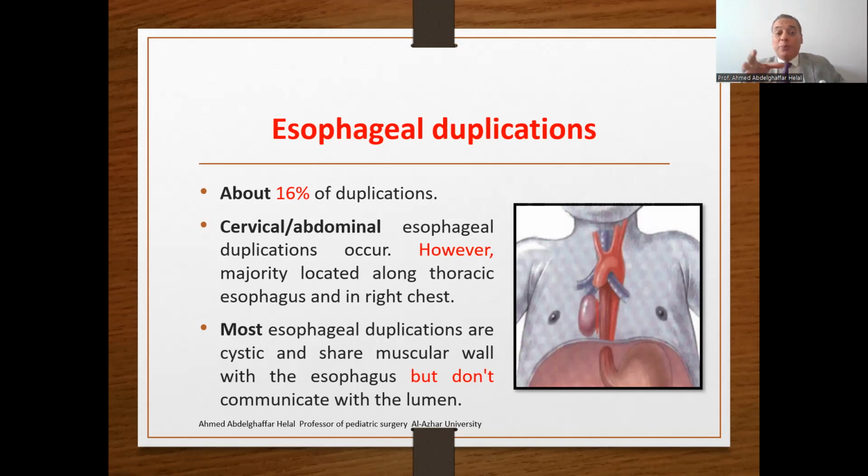Most esophageal duplications are cystic and share a muscular wall with the esophagus, but don't communicate with the lumen. This is the duplicated part. This is the native esophagus. So this red line represents the cleavage plane between them. So most share a common muscular wall, but don't communicate with the lumen.